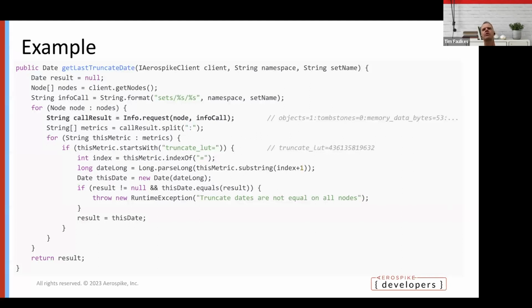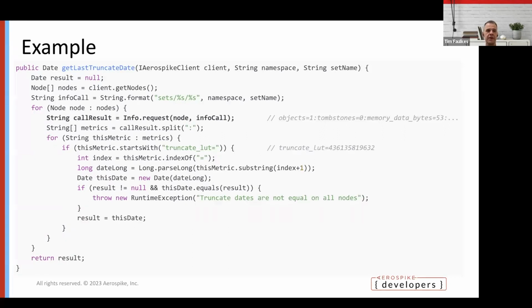You're not just going against a single node. If you have data that will change between the nodes, you'll get different values for each of these nodes. In my case, because the truncate time of a set is stored in what we call the system metadata, it's shared between all the nodes in the cluster. So they should all agree that they all have the same time.